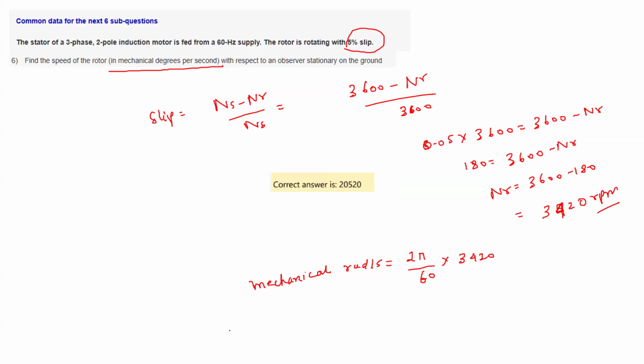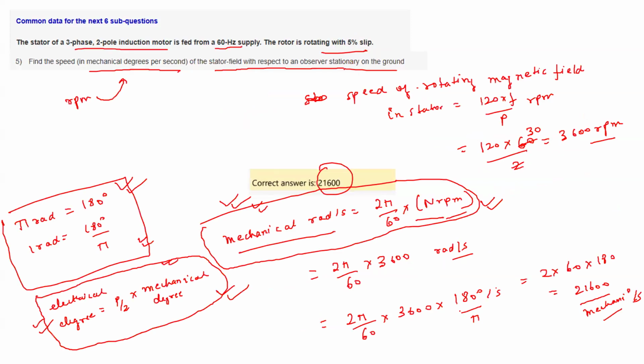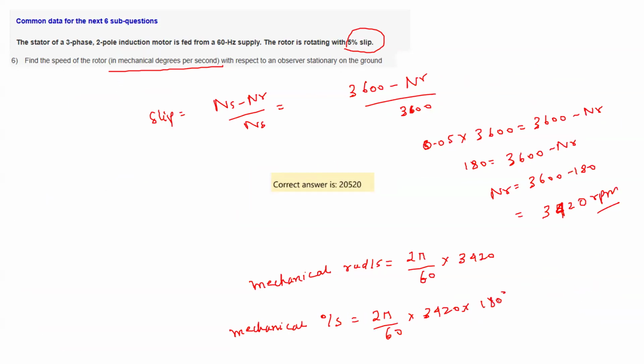And then mechanical degrees per second is equal to 2 pi by 60 into 3420 into 180 degree by pi. So you will see it is the same thing. You will get the same value that is given. These are just simple maths.